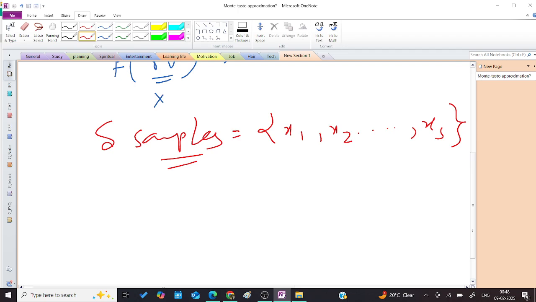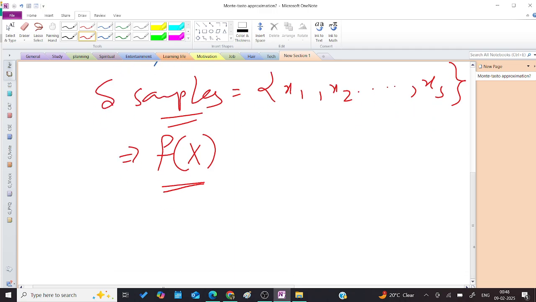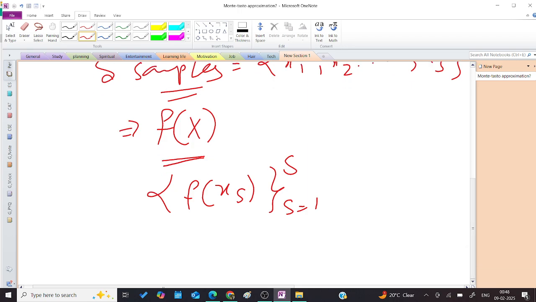Okay, and then we are finding the distribution of f of x. That means we are finding the distribution for these points, right?